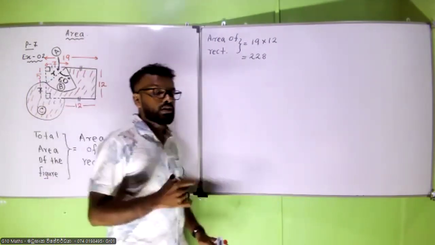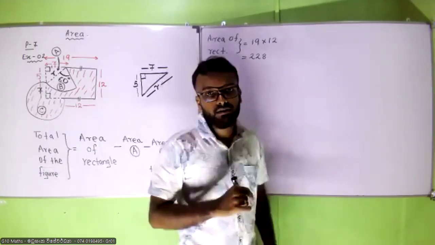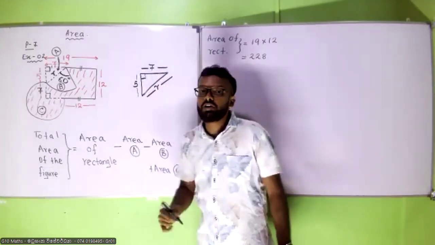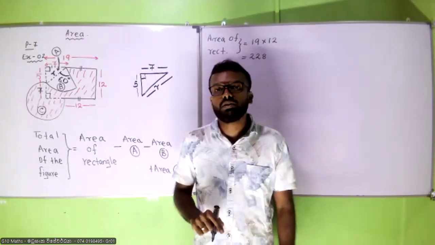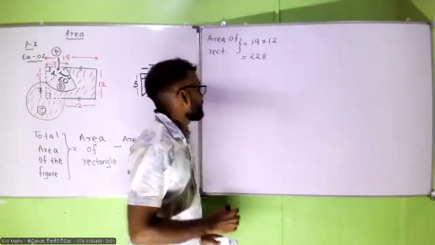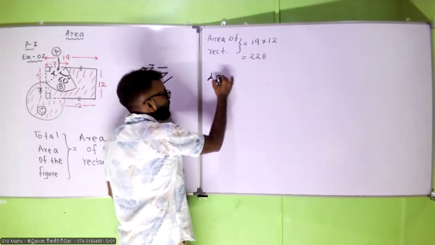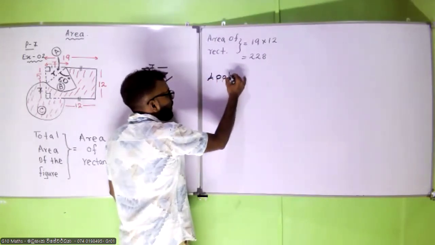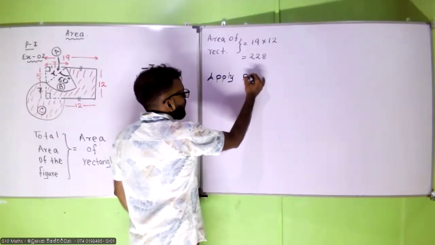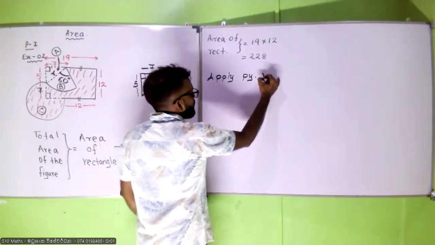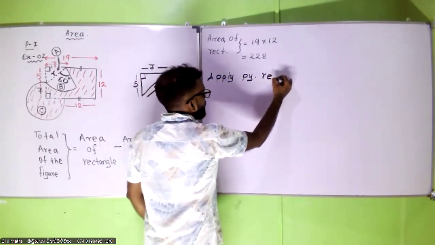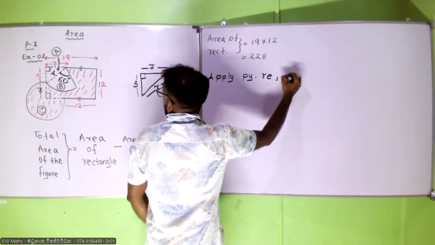When you hear the word hypotenuse, you need to remember how to find it. This is a right angle triangle, so you have to apply the Pythagorean relationship.